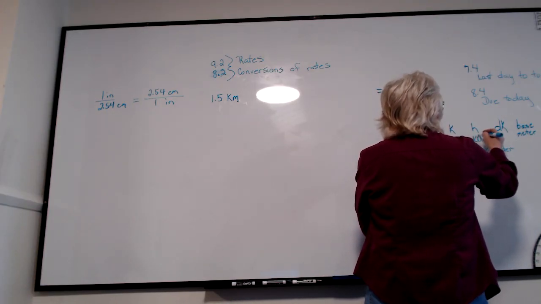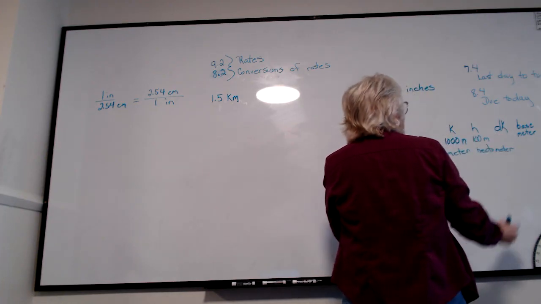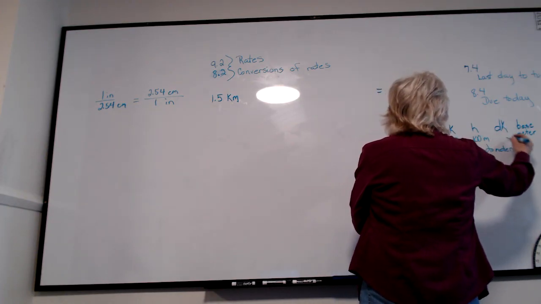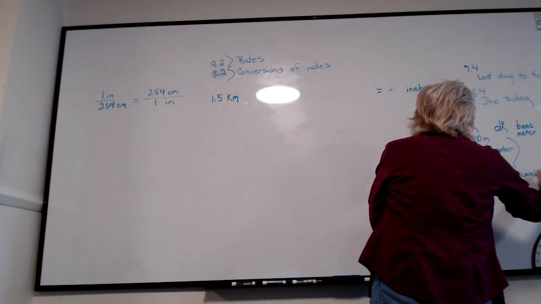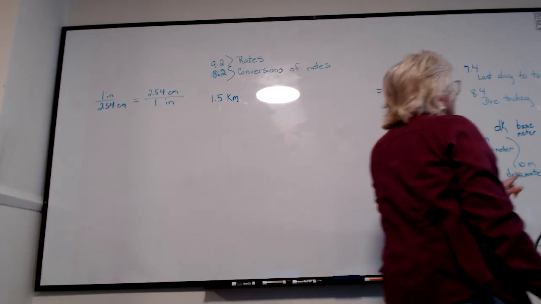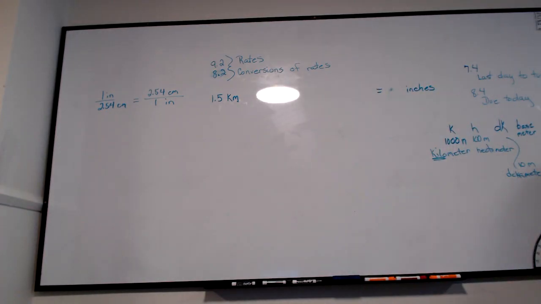This is 100 meters. This is a decameter, which means it's 10 meters. Then you have meters. A decimeter is 1/10 of a meter.